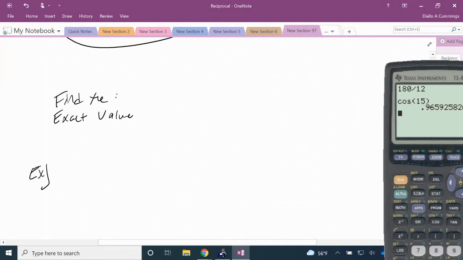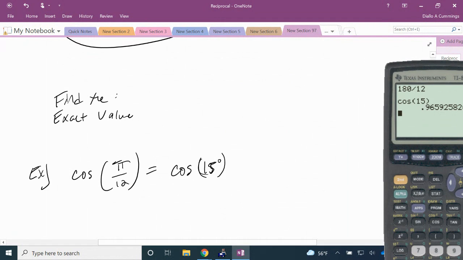First off, we started with the cosine of pi over 12. From this point, I simply converted the radian measure to a degree measure. So we have the cosine of 15 degrees.